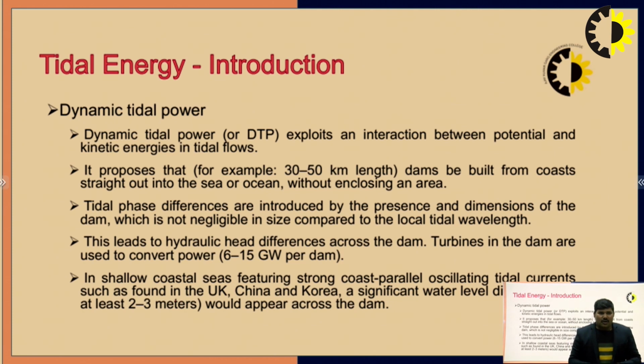Dynamic tidal power exploits the interaction between the potential and kinetic energy in the tidal flow. It is proposed, for example, that dams 30 to 50 kilometers long be built from the coast straight out into the sea or ocean without enclosing an area.